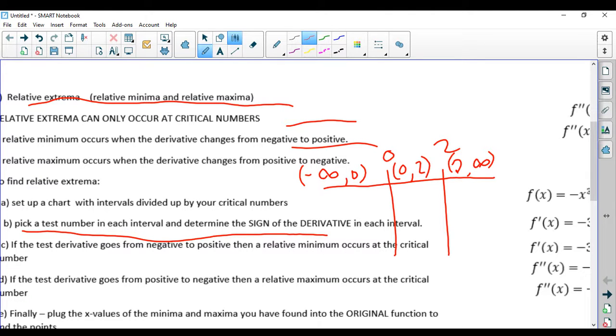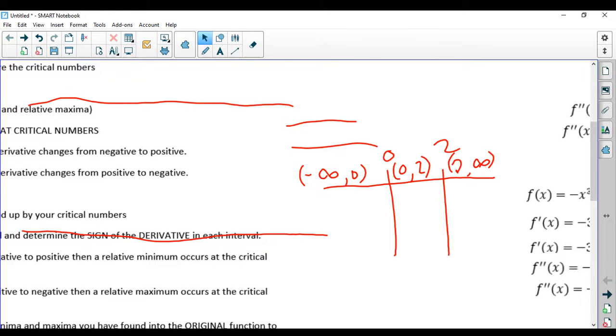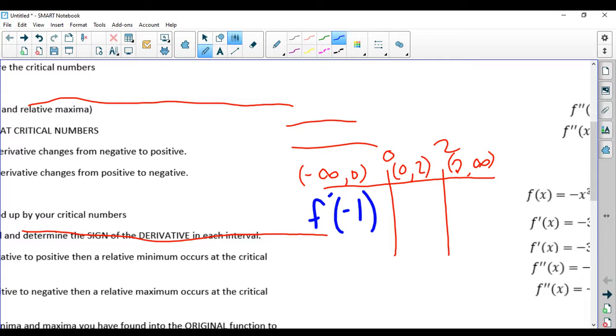I'm going to do that right now. In the first interval, we're going to test the point -1. We're testing the derivative, so it's going to be f prime of -1. In the middle interval, 1 is in that interval, so we'll do f prime of 1.